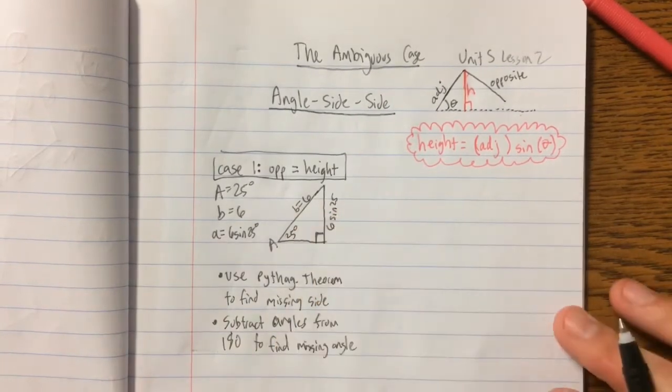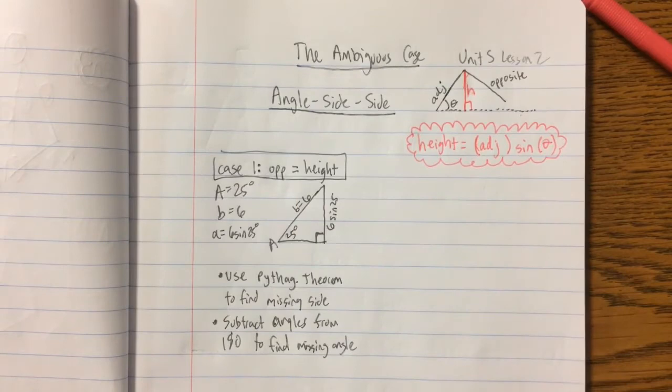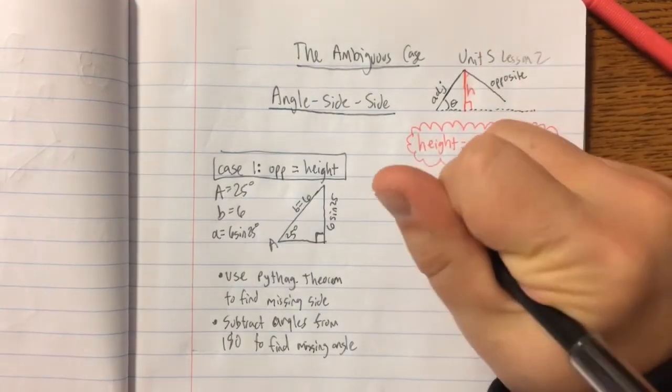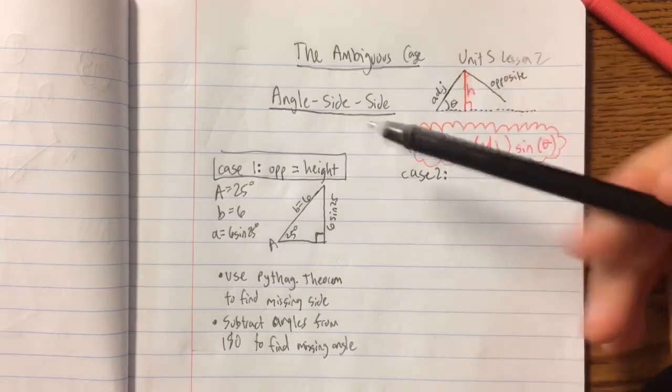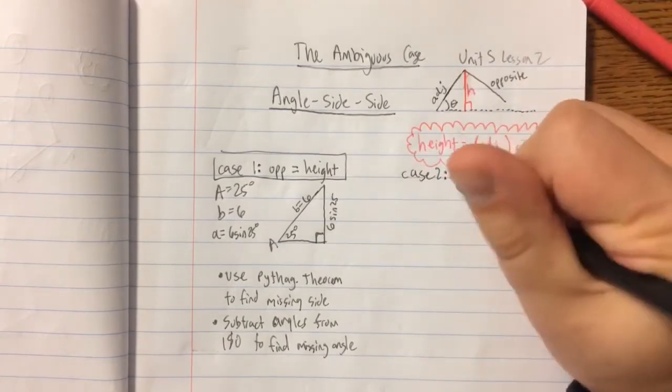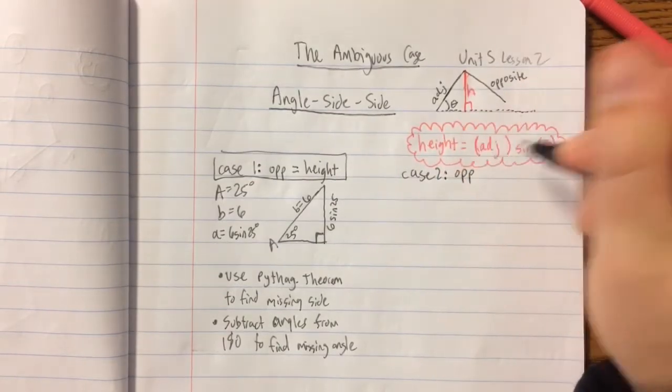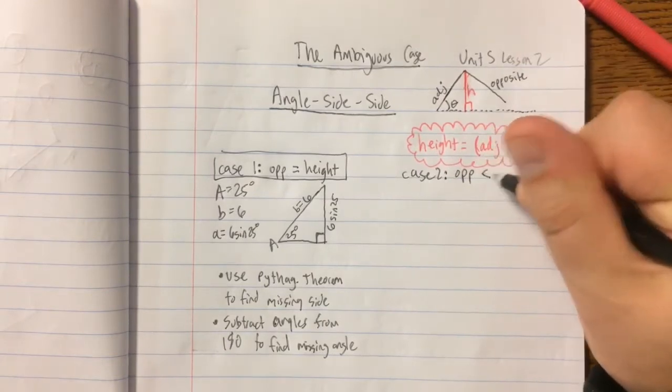Let's pause on that. Okay, so let's talk about case 2, where the opposite side is shorter than the height.